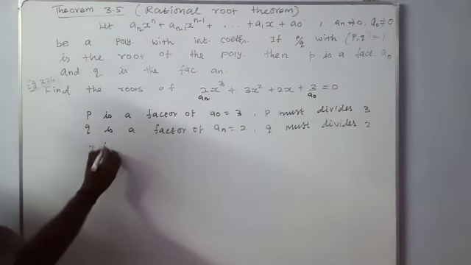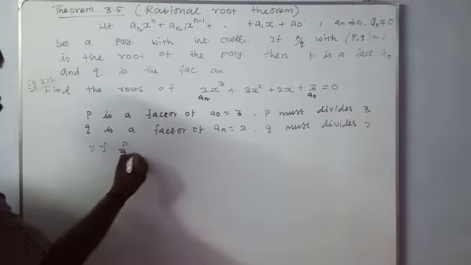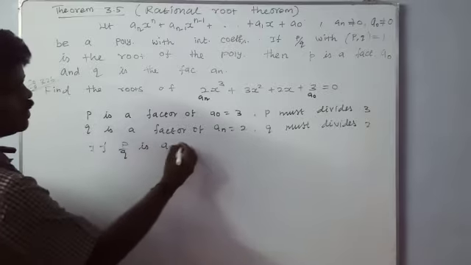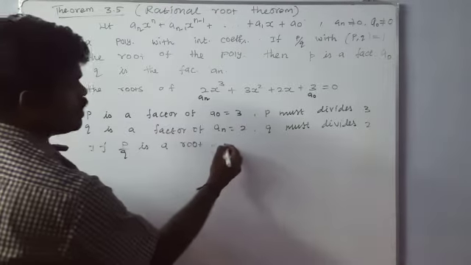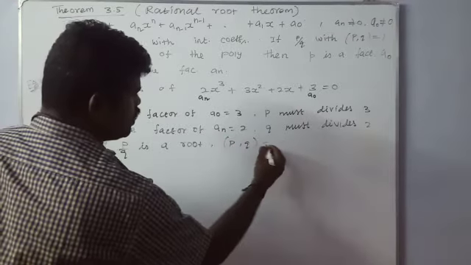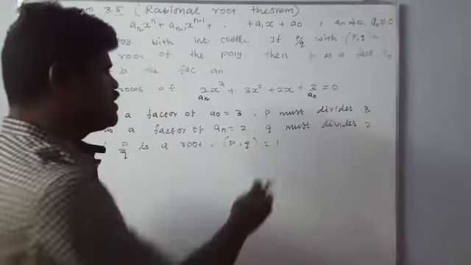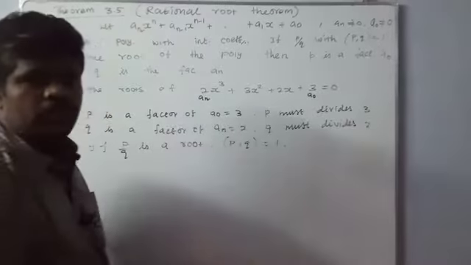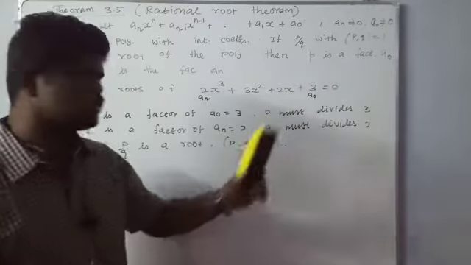If p by q is a root, then gcd of p and q is 1, because the common divisor is 1. The common divisor of 3 and 2 is 1.